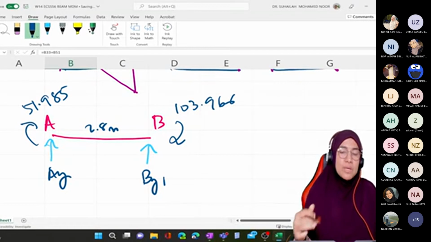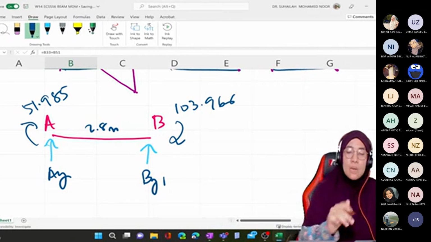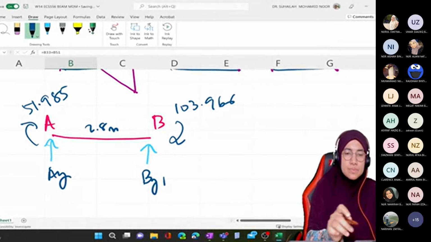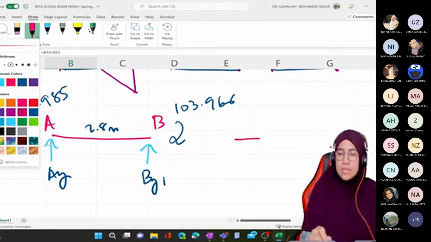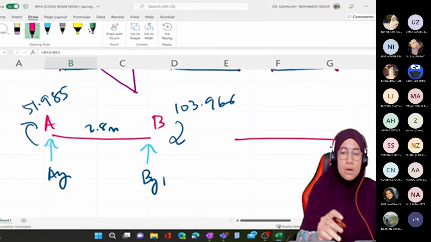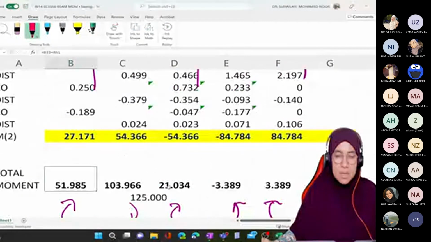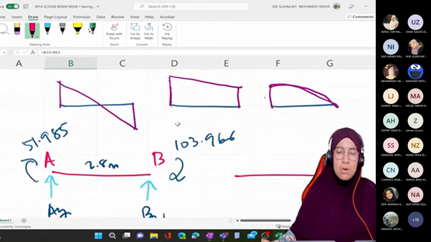Okay, so if we want to get the shear value or the vertical reaction for member BC, sama juga macam yang ni. So we just need to have, okay, it is 21.034.